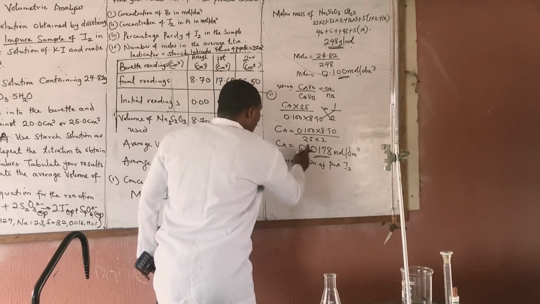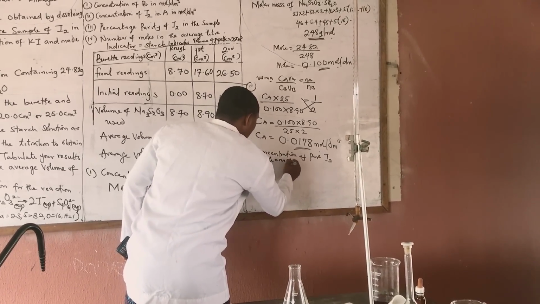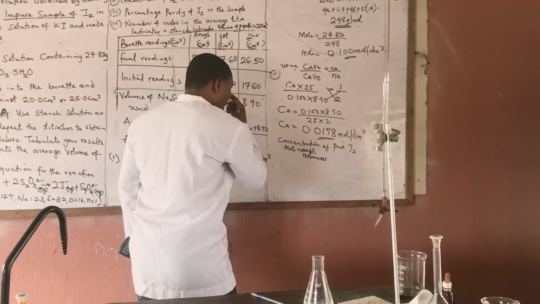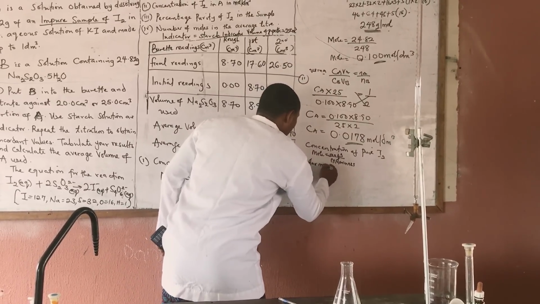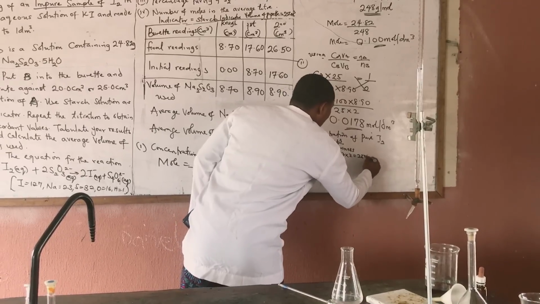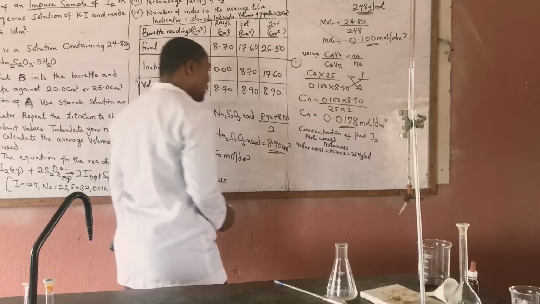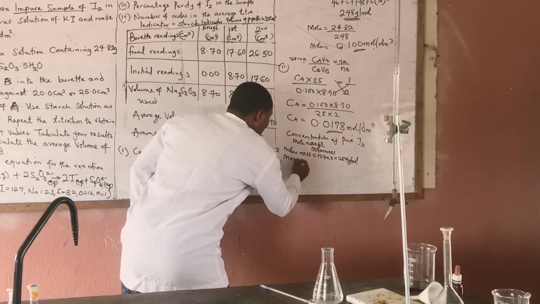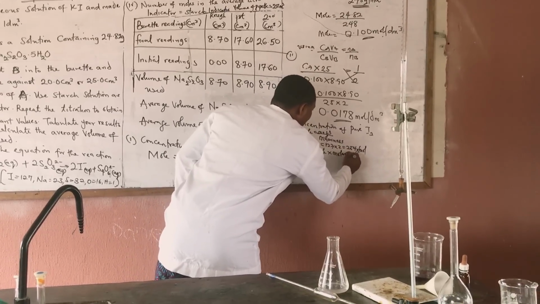Concentration of pure. So we have this: mole is equal to mass over molar mass. And we know the molar mass of iodine, they have given us the atomic mass 127, so 127 times 2, and that will be 254 grams per mole. Please, the units are very, very important. So we are calculating the mass. Now this is the mole, so we cross multiply. We have mass equal to mole times molar mass.